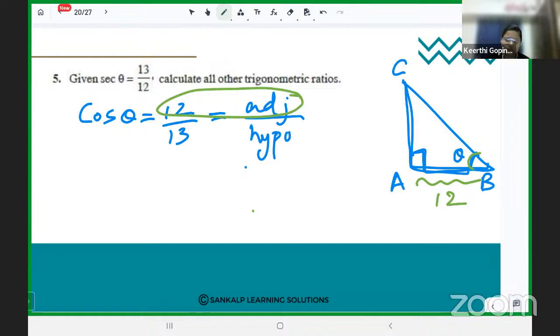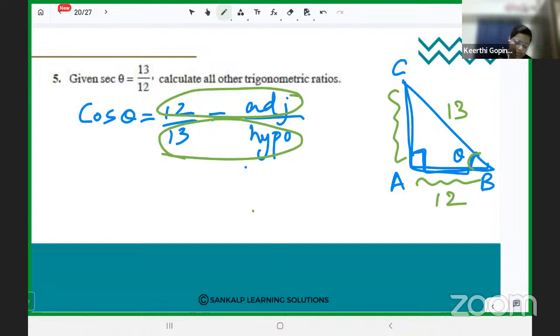The hypotenuse is equal to 13. So what is the value of BC? It is nothing but 13. Now, to find all the trigonometric ratios, we definitely need this one also, because it is the side opposite to angle theta. So we need to find that value, again by using the Pythagoras theorem, to find the value of AC.